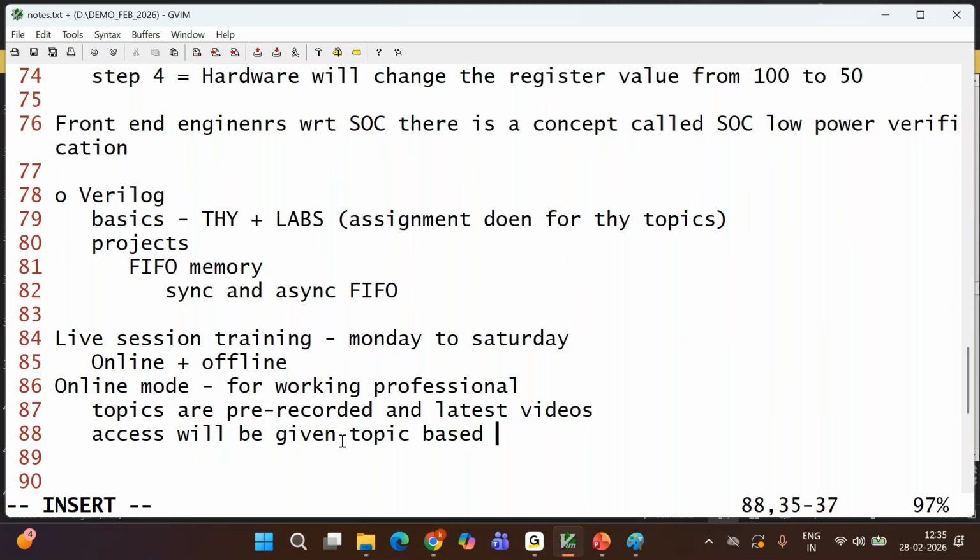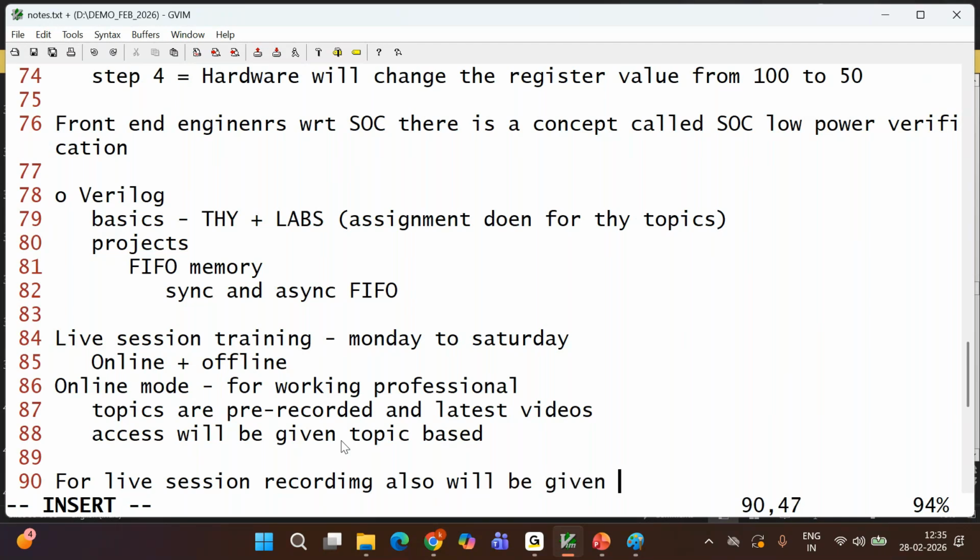See, for live session, recording also will be given. Recording in the sense, not the online mode recording. Every day's live session, that recording will be given. Why? Suppose one of you has missed the session because you were having some issues.